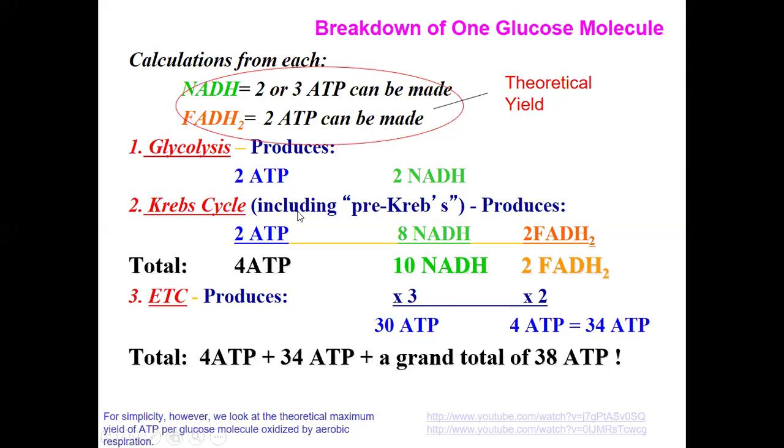So we can have 2 ATP from glycolysis, then 2 ATP from Krebs cycle, the total making 4 ATPs. Okay, so we have 10 NADH here and 2 FADH here.